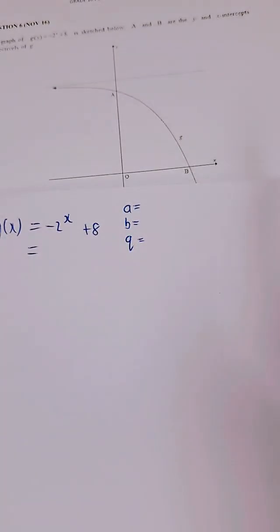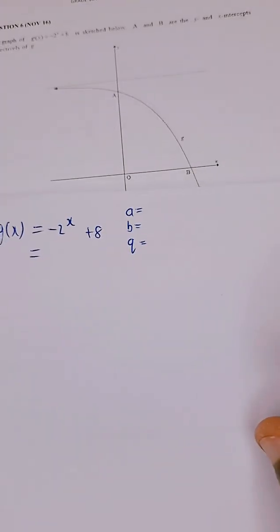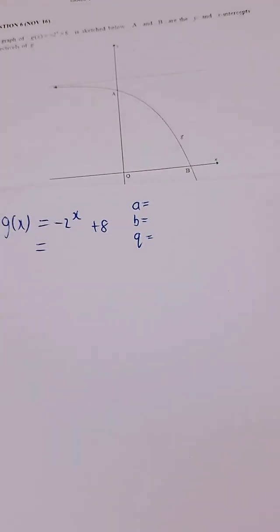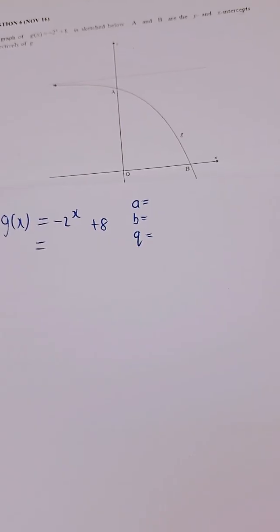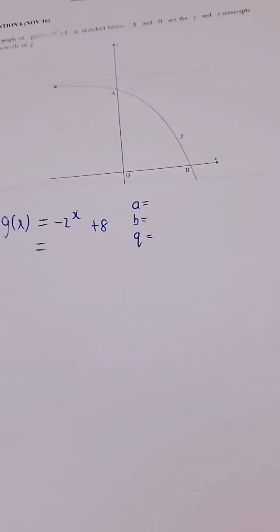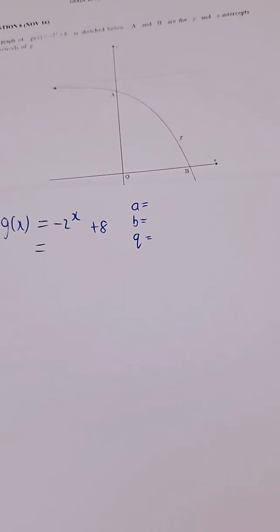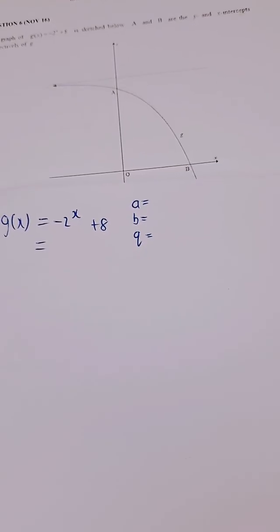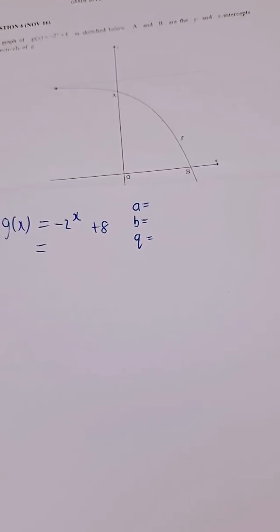Here's the function. g of x is equal to negative 2 to the power x plus 8. YDM says a is equal to negative 1, b is equal to 2, q is equal to 8. Very good, guys.